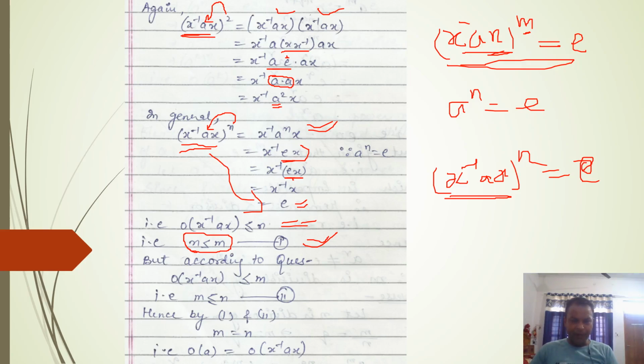But if we follow the question, it is written that the order of this element is m, so this m will be less than the others. Consider first this case and then this case.